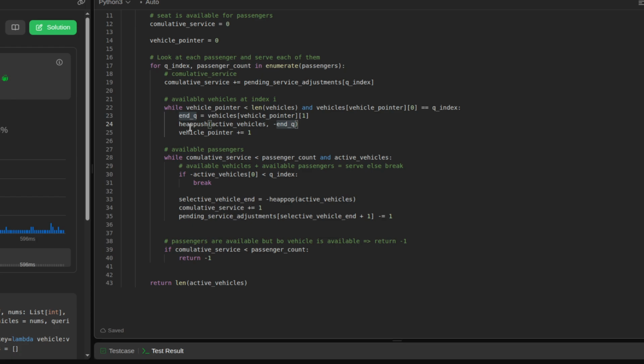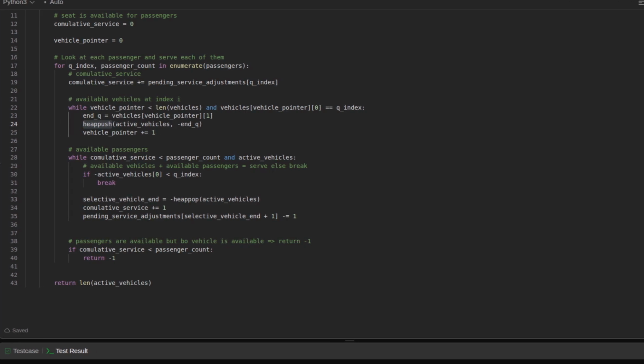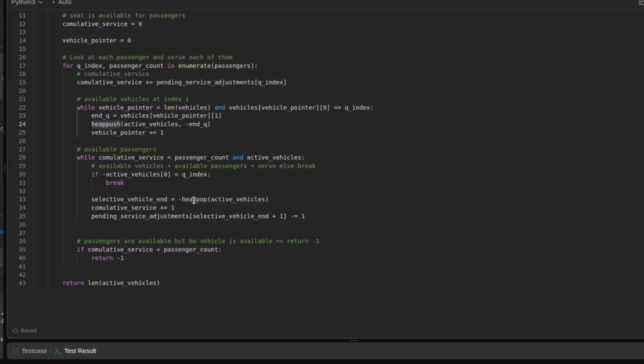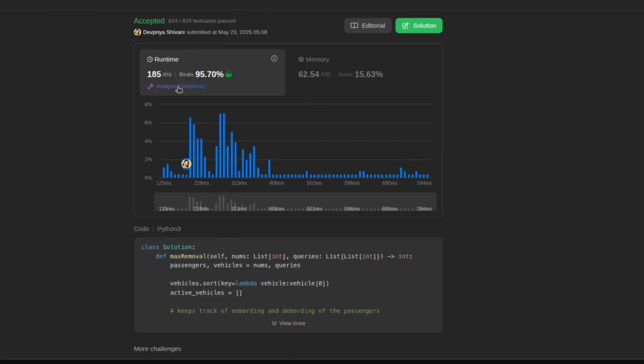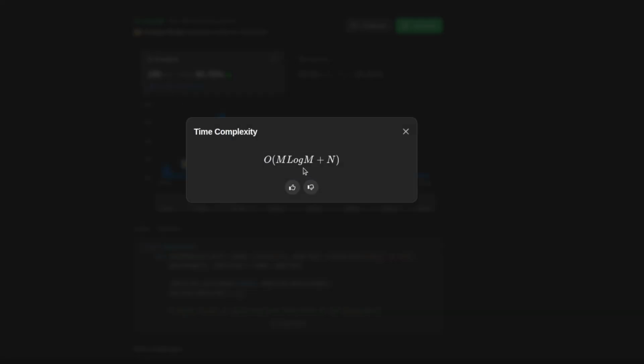Okay, so I am using heap, and heap uses log n, right? Okay, but where does n come from? Okay, so it is written in the time complexity that it is consuming m log m.